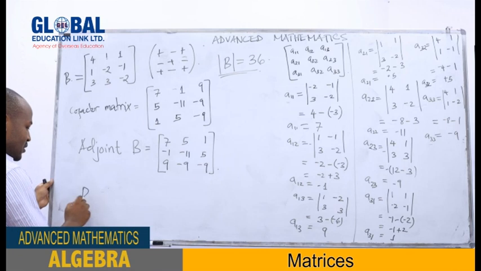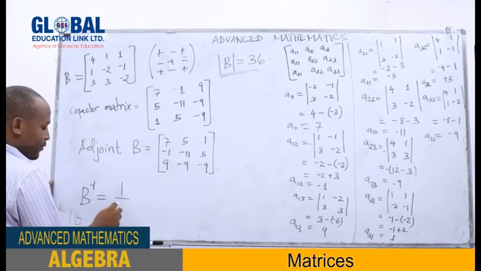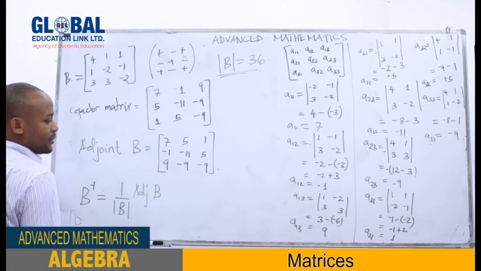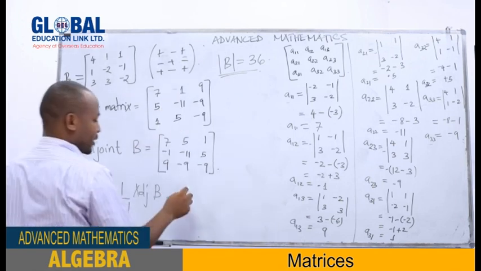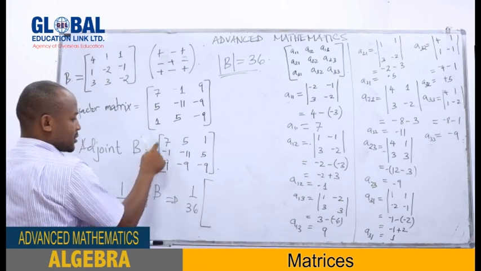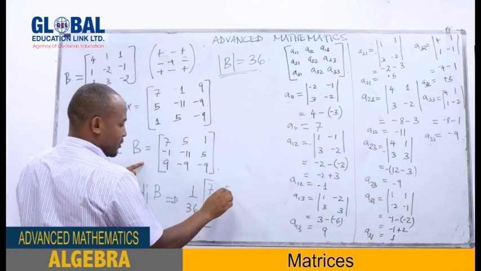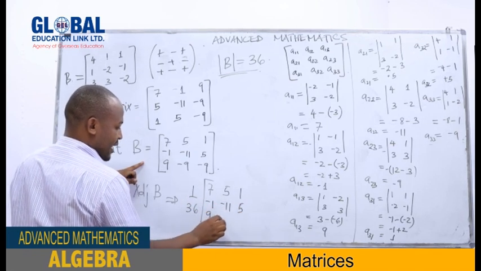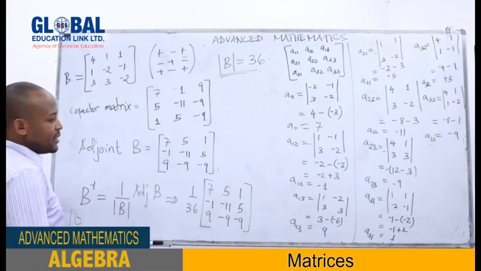The inverse of a matrix is found by the reciprocal of the determinant times the adjoint of B. It implies that there is 1 over 36, since our determinant is 36, times the adjoint matrix, that is 7, 5, 1, -1, -11, 5, 9, -9, -9. And what will be the inverse of the matrix B?